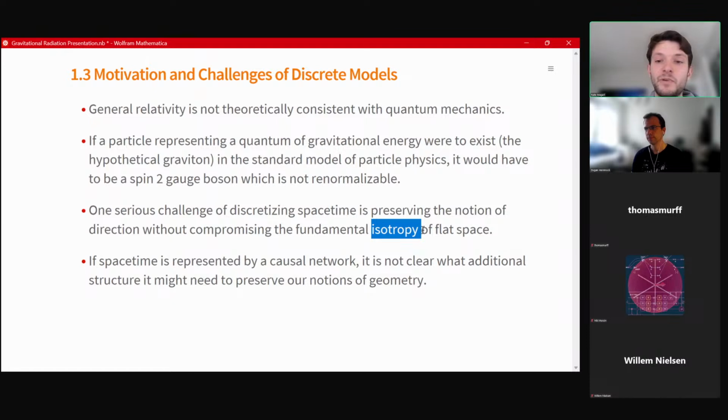The isotropy just refers to the fact that if we start with a two-dimensional space as an example, for instance this computer screen, it's not clear that there's any preferred direction, and our laws of physics shouldn't have some preferred direction to them, because we observe the same kind of processes happening no matter what direction we're looking in.